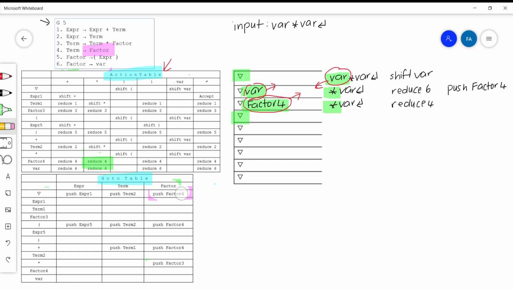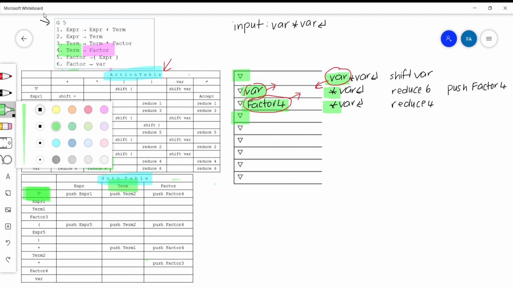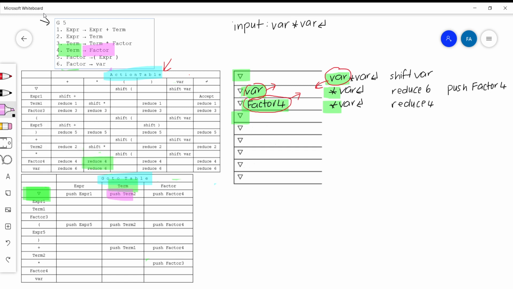We will read bottom marker, since bottom marker is the symbol on top of the stack, and we will read term, since term is the symbol on the left side of rule 4. So bottom marker with term reads push term 2.